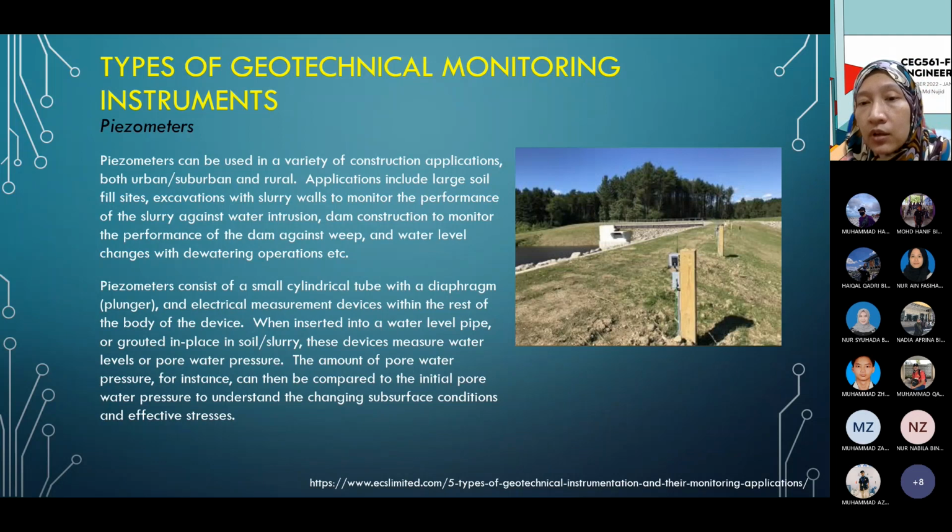Is it a massive failure or collapse, or some small deformations? For anything related to geotechnical applications, for example deformation and stability, do not forget to have these techniques for monitoring and controlling by using the proper instruments.